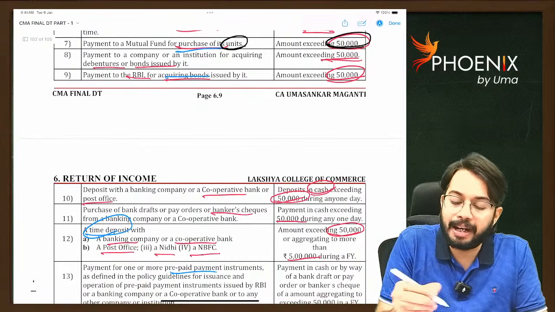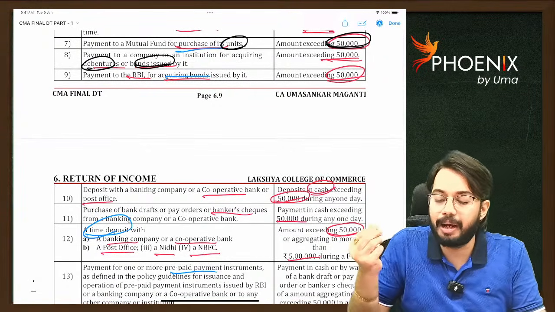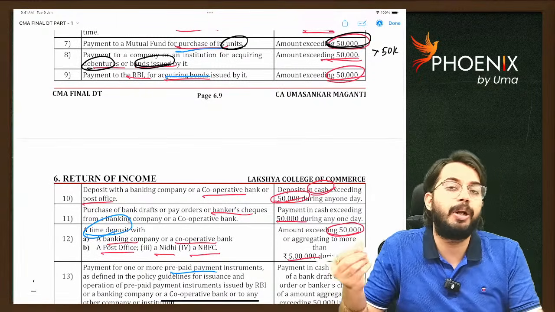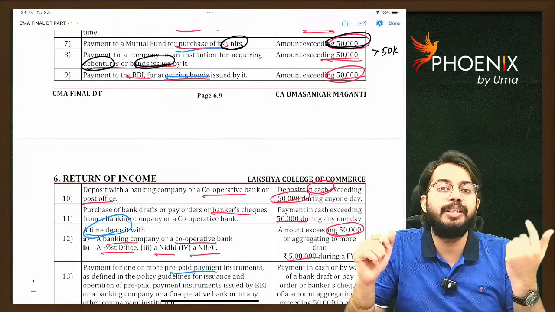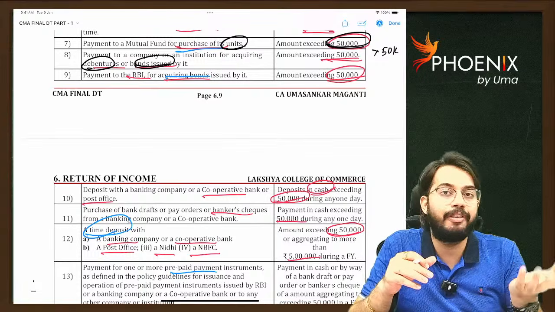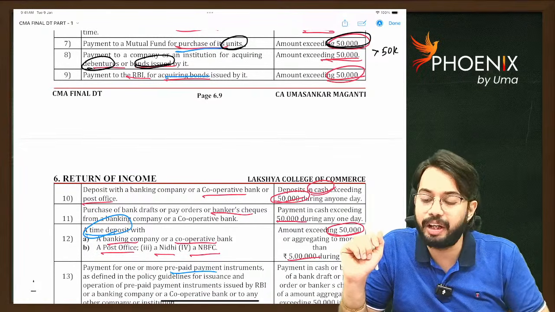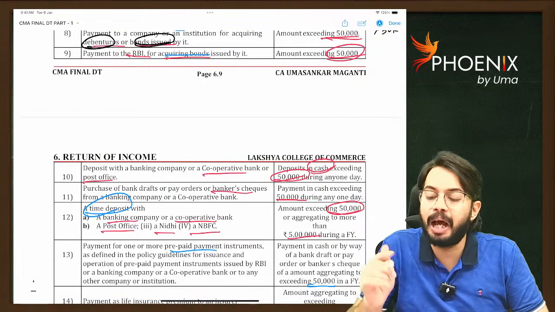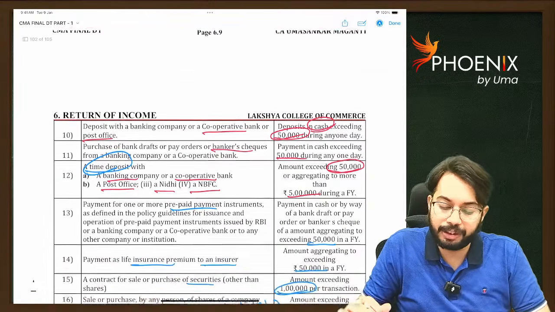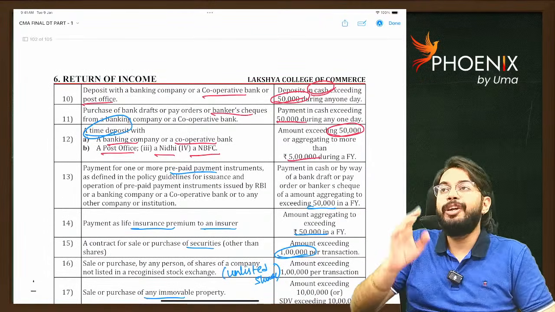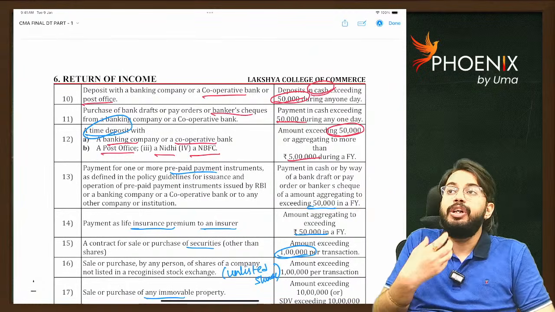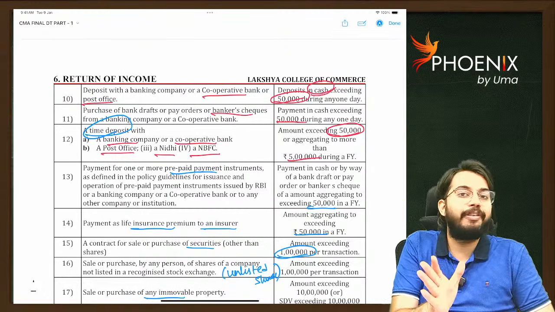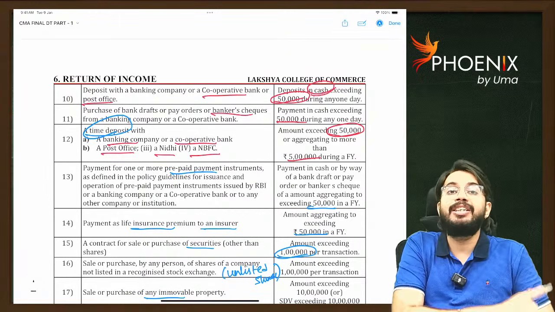Next, when you are purchasing debentures or bonds from a company, if the payment made for purchase of debentures or bonds is greater than 50,000 rupees, then also you are mandatorily required to give PAN number. Next, if you are purchasing any bonds issued by RBI, then the limit is 50,000 rupees. You know, right? If you go to any bank, you wanted to do cash deposit of more than 50,000 rupees, they will definitely ask your PAN number.